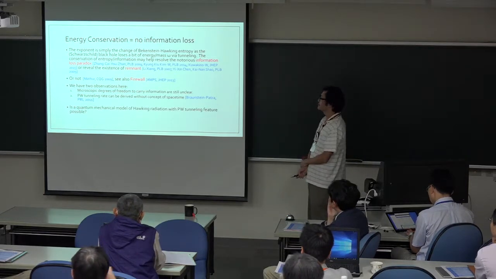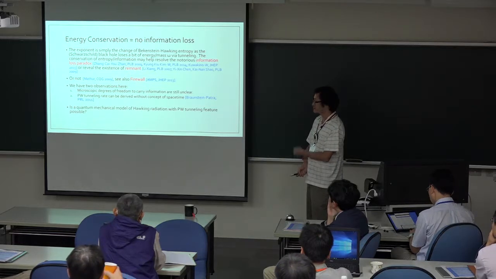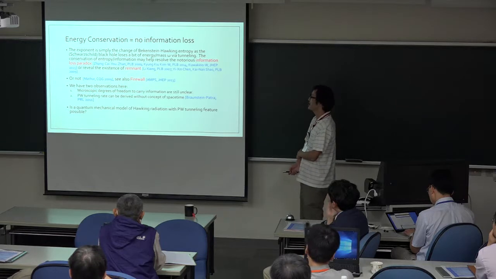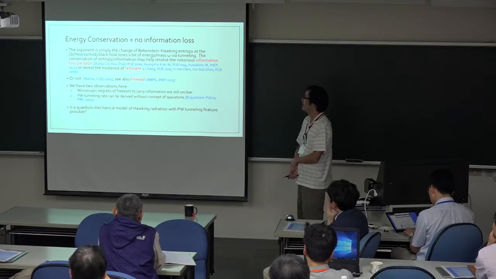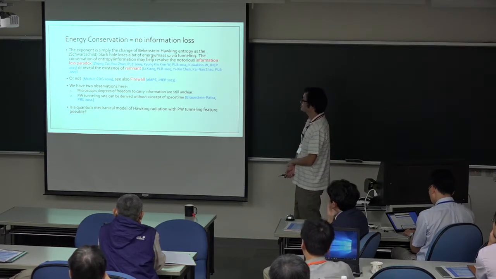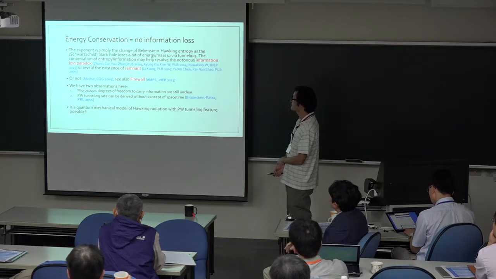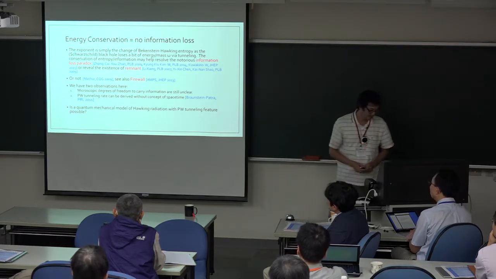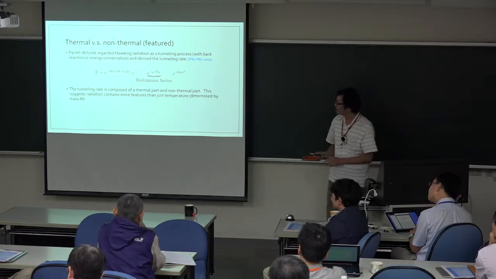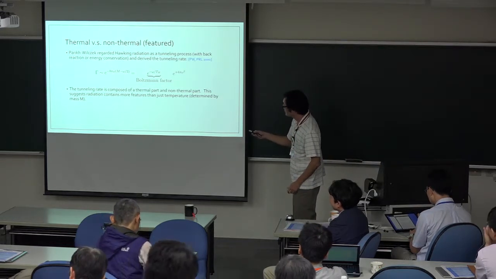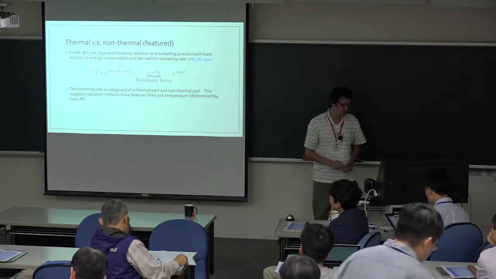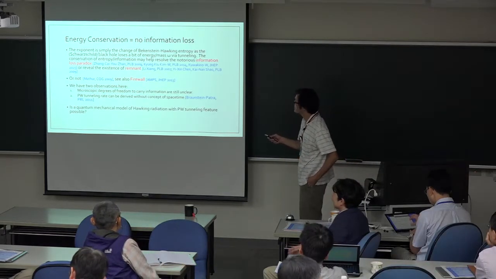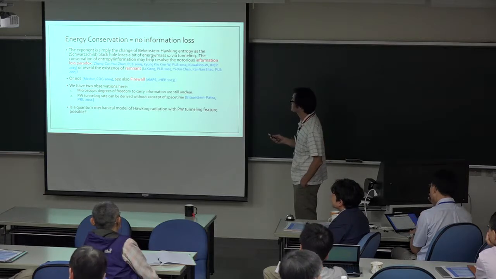First, I want to look at what happened in the Parikh-Wilczek tunneling model. As I mentioned earlier, they put an energy conservation constraint on the tunneling process. And it is easy to spot that this factor here is nothing but the change of the entropy during the tunneling process.